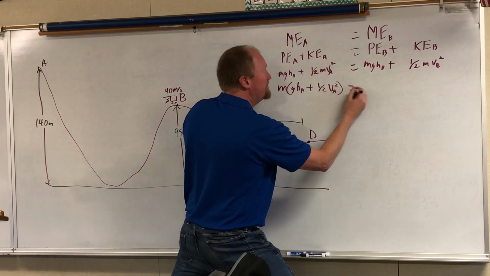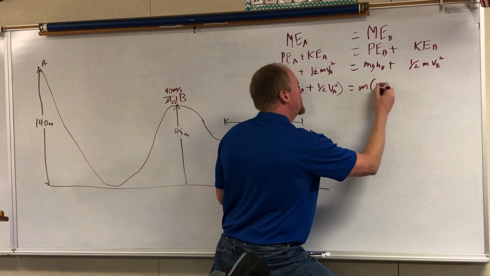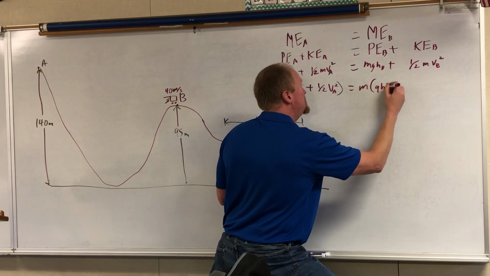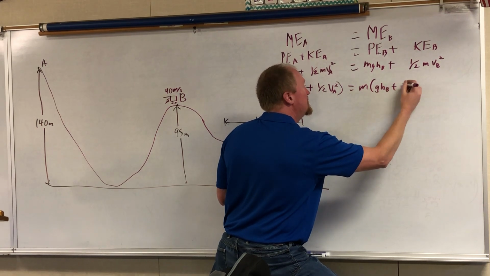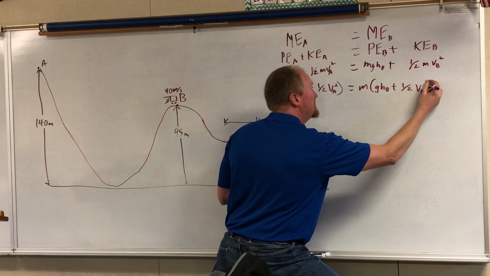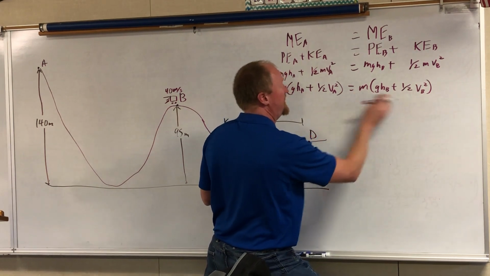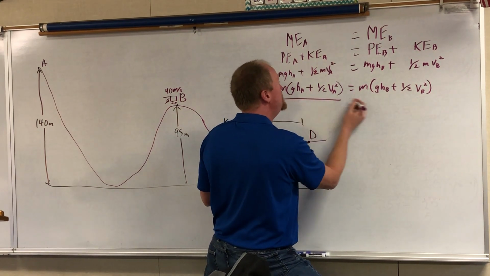See how I've done that? And over here I'm going to do the same thing, taking the mass out. Mass times g h at B plus 1/2 v B squared. I've taken the mass out on both sides. And then I can eliminate it.